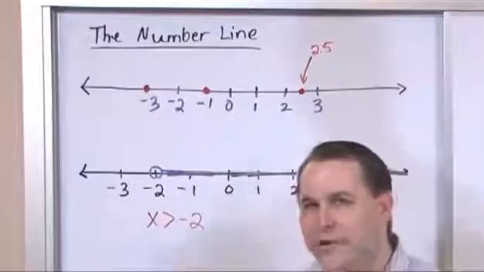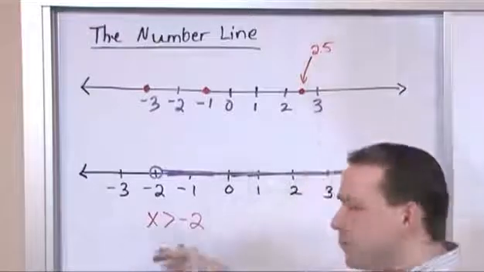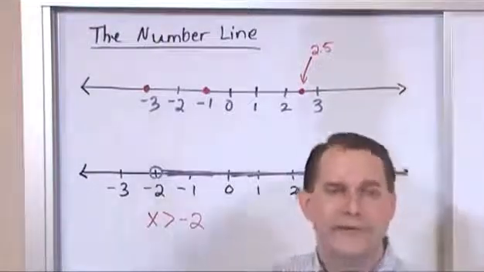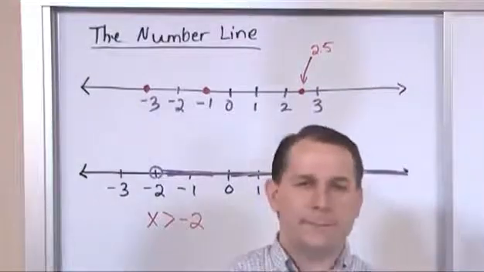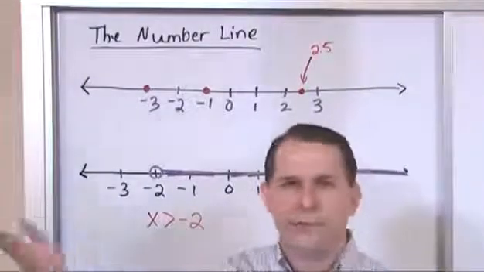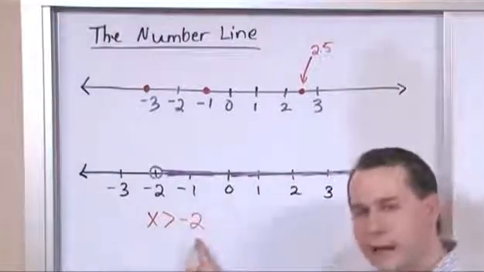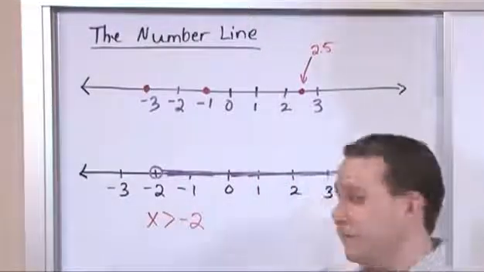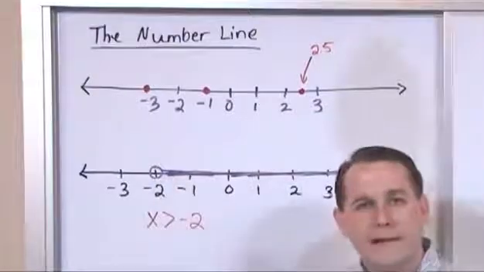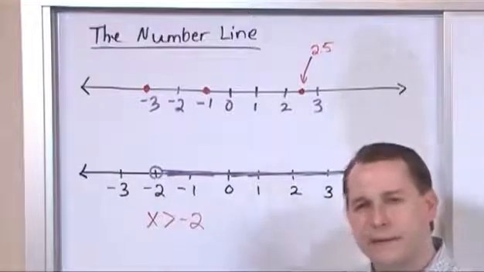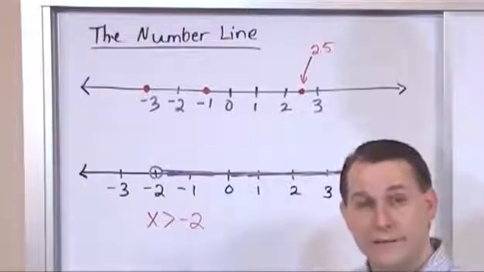We didn't say it was greater than or equal to. We didn't say it was equal to -2. We just said it had to be greater than. If something's greater than 1, it can't be 1. It has to be 2, 3, 4, 5, whatever. If something's greater than -2, you cannot include -2 in the answer. So we put an open circle to remind us that -2 is not part of this answer, but everything bigger is. All right?